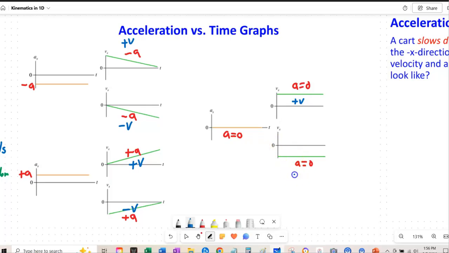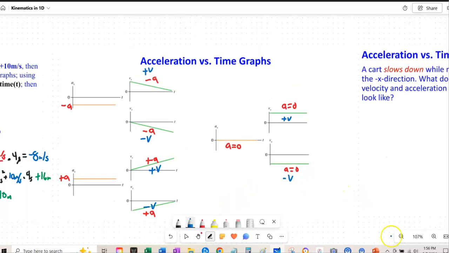This one is moving to the left. So these are both constant velocities. Constant velocity moving to the right, constant velocity moving to the left. Slowing down, moving to the right. Speeding up, moving to the left. Speeding up, moving to the right. Slowing down, moving to the left.